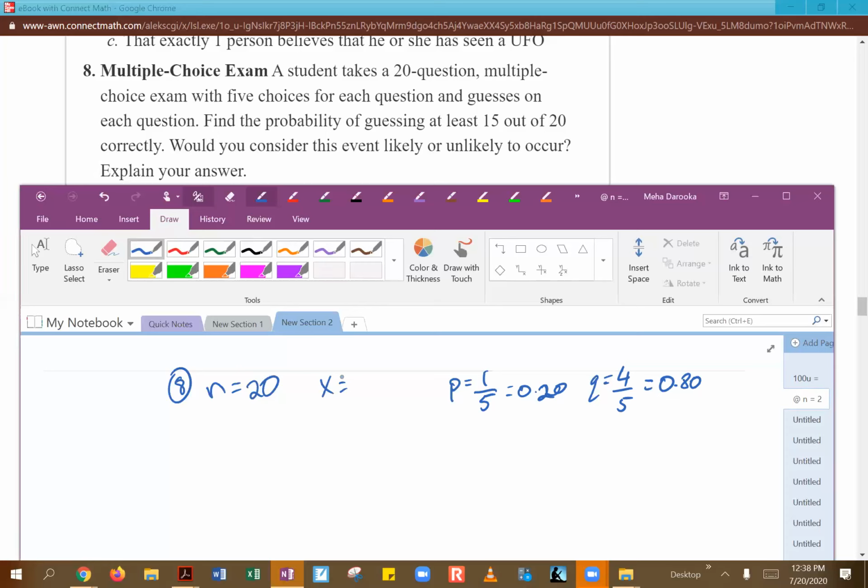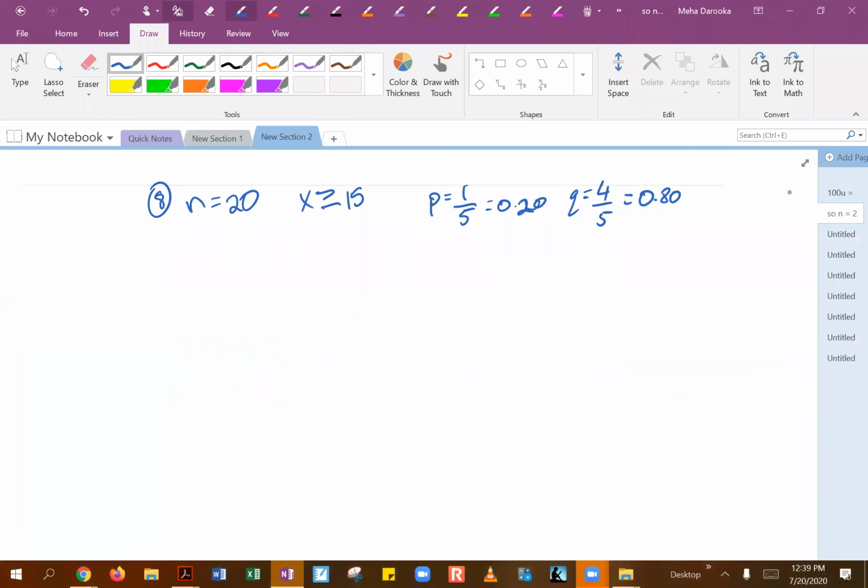Now, as Lily had mentioned, they are telling us it's at least 15 out of the 20 questions that are correct. So this would actually then be that your x is greater than or equal to 15, because at least 15 are correct, but it can be 16 is correct, 17 is correct, 18, 19, 20 is correct. So let's go ahead and see what each of those probabilities would be. So you are looking for probability for x equals 15.